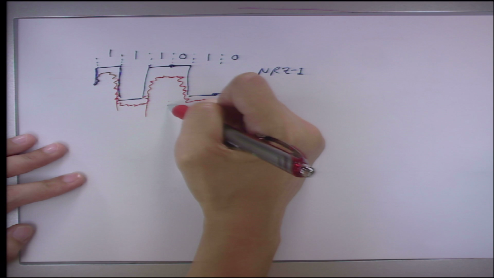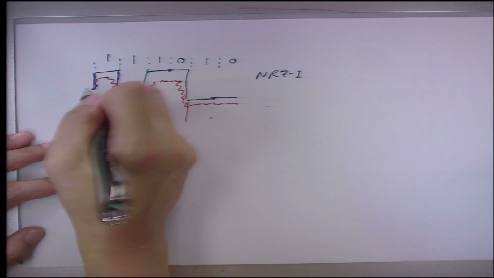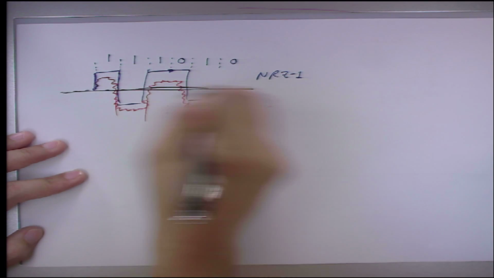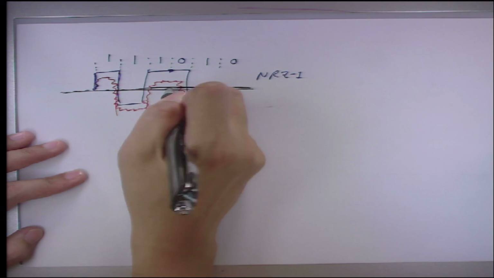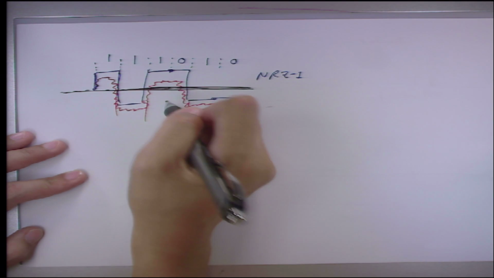There's a transition here, here, no transition here, transition here, no transition here. But if you use the NRZ-L, what happens is that you have a threshold here, you have a threshold here, to tell you whether this is 1 or 0.